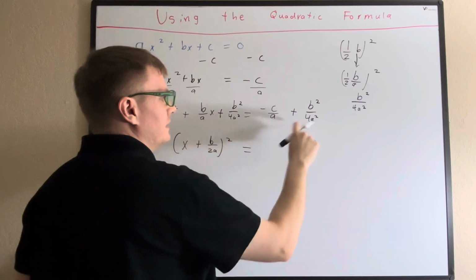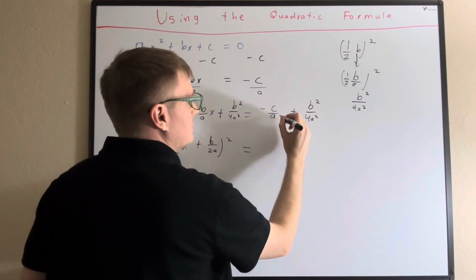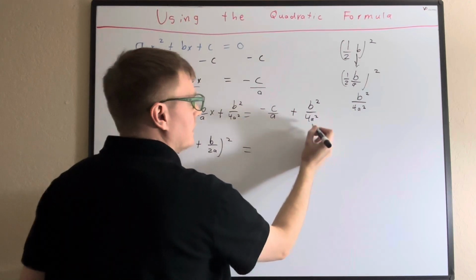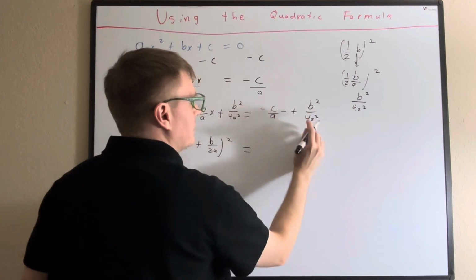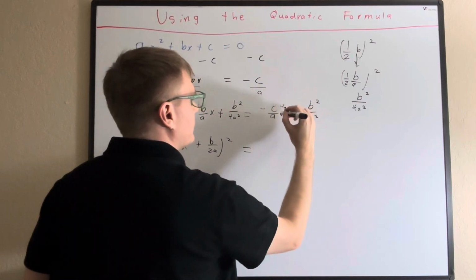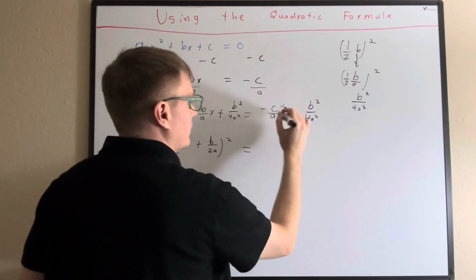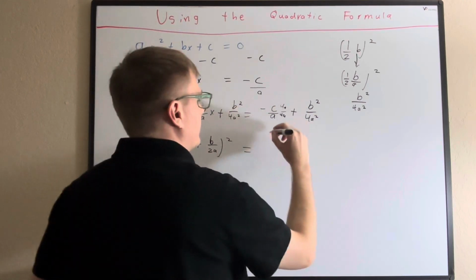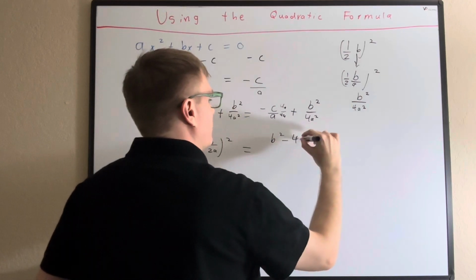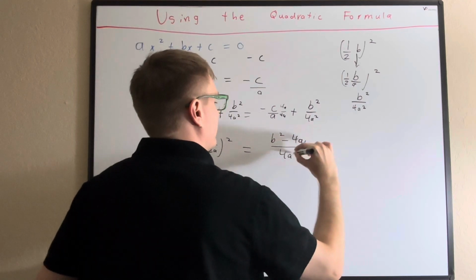And we can simplify that, right? We need a common denominator, so we need to multiply this by 4A over 4A first. So we have C times 4A, or 4AC over 4A squared. So it's like B squared minus 4AC over 4A squared.